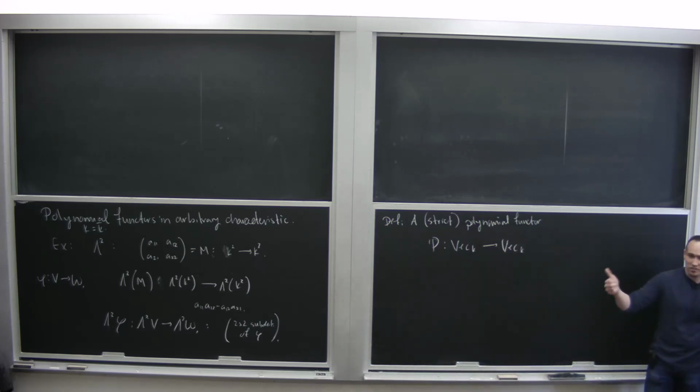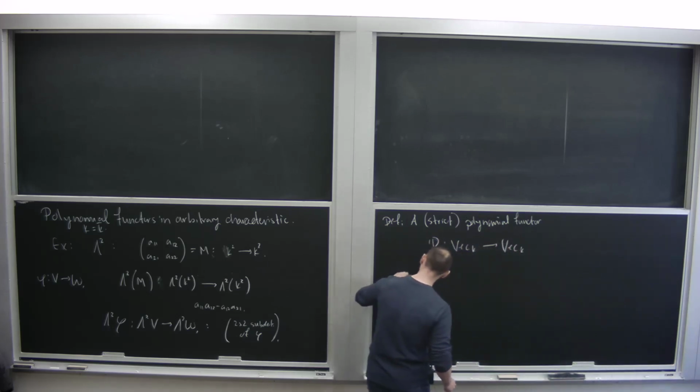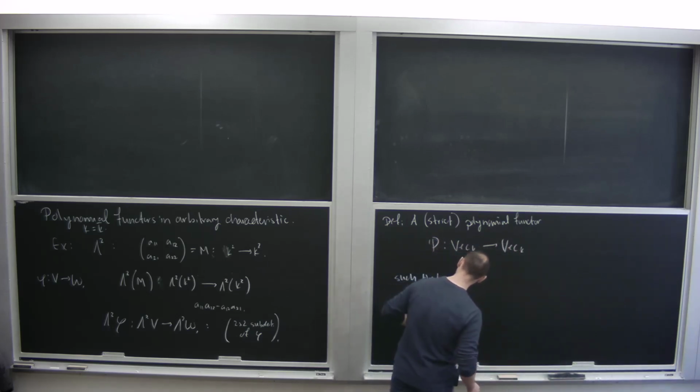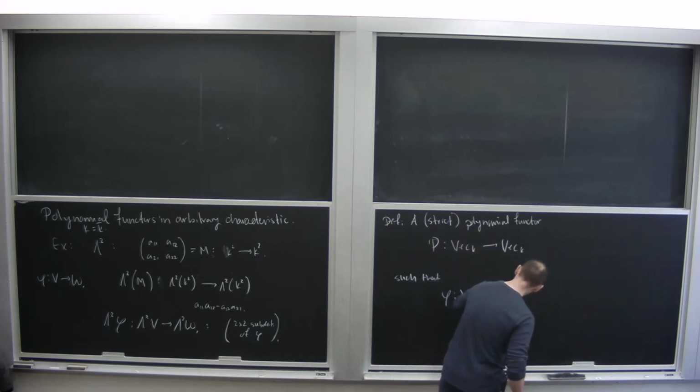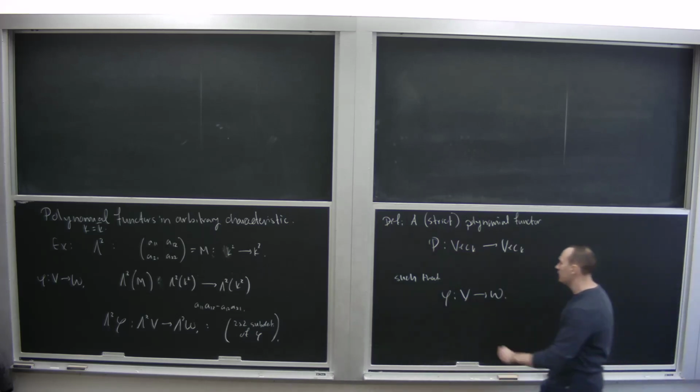And it satisfies the same property that I said before, such that if you hand me any map phi from V to W, then I can view this as a matrix with some entries.